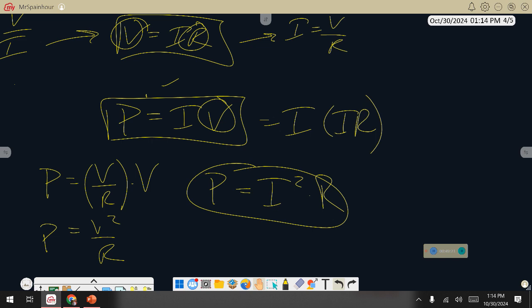Yes. Okay, great. So I want to double voltage. I want to use a battery that's twice as big. So instead of my 1.5 volts, I want to use 3 volts. And I want to triple power. How can I pull that off?